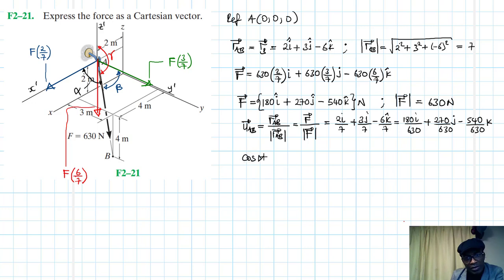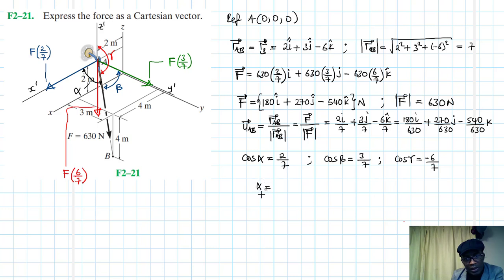So let's find cos alpha is just going to be equal to 2 divided by 7. Cos beta is just going to be equal to 3 divided by 7. And cos gamma is just going to be equal to minus 6 divided by 7.